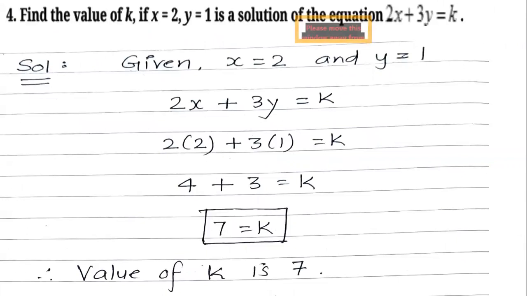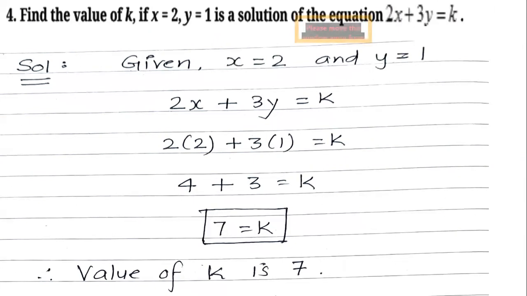This is the last question of the exercise 2.3, the last question of this part of the video, wherein you have been asked to find the value of k if x is equal to 2 and y is equal to 1. Again, you have been given the value of x is equal to 2 and y to be taken as 1. All that I shall be doing is replace the value of x and y as mentioned in the question in the given equation.